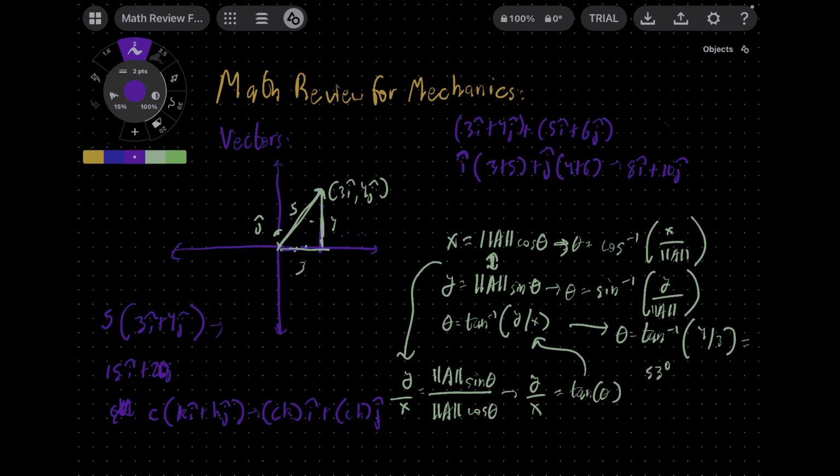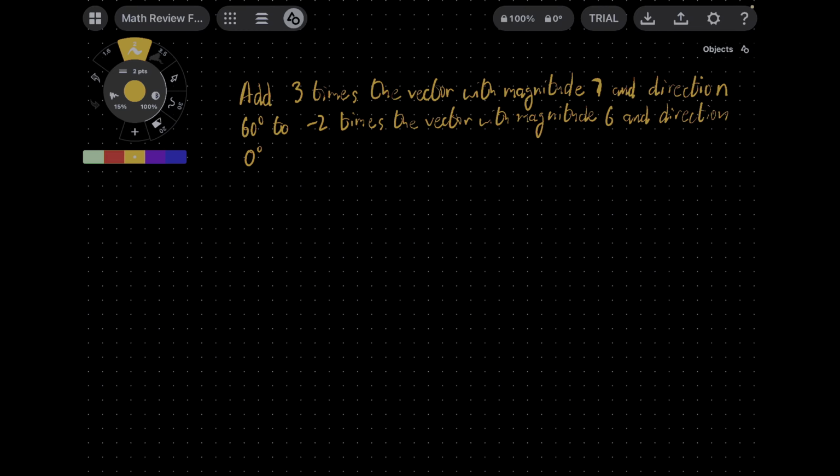But then, oftentimes in problems, they will be asking you to convert right back to magnitude and direction. Let's have an example doing just that. We have our problem written down over here, and let's get to solving it. So, the problem states, add 3 times the vector with magnitude 7 and direction 60 degrees to negative 2 times the vector with magnitude 6 and direction 0.